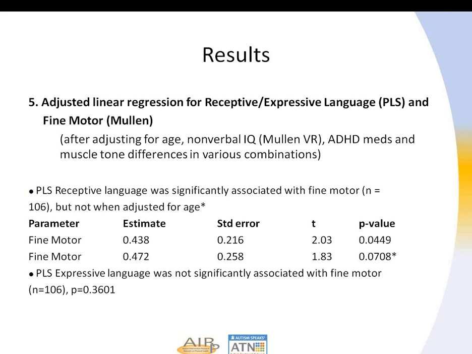The other possibility is that when you go with such a small N, like 300, the age factor might come into play, because we are forced to select from that subset only those that have both sets of variables of comparison available, i.e. the PLS receptive and expressive and the Mullen fine motor.